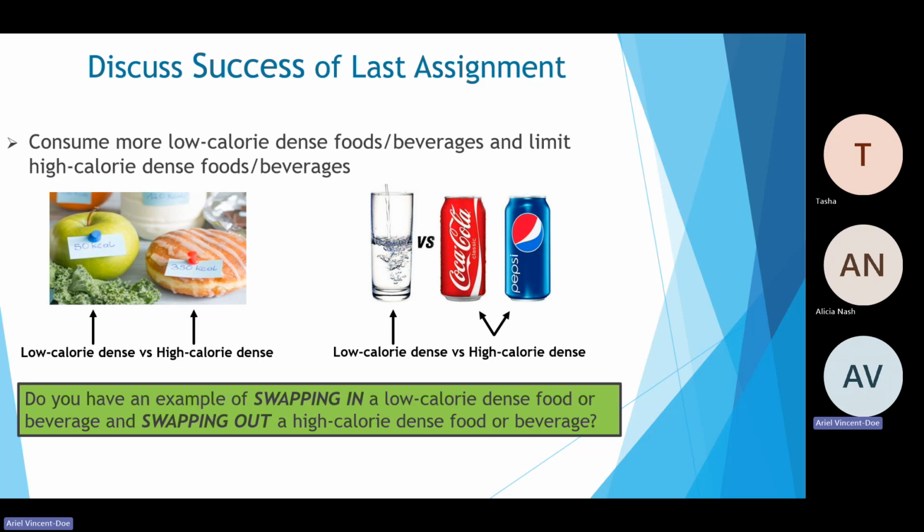We also talked about beverages. So water being low calorie dense versus soft drinks being high calorie dense. So the goal was to consume more of the low calorie dense foods and limit the high calorie dense food and beverages.